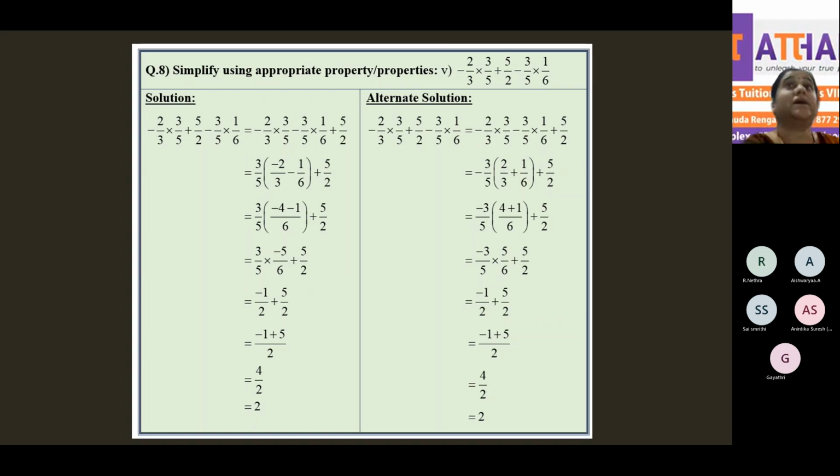Right. Read it. This is incorrect. This is not using the property.